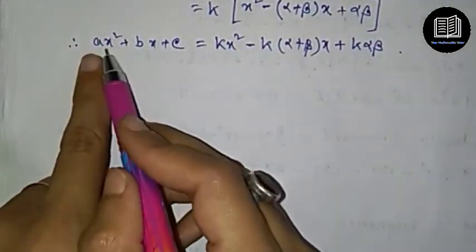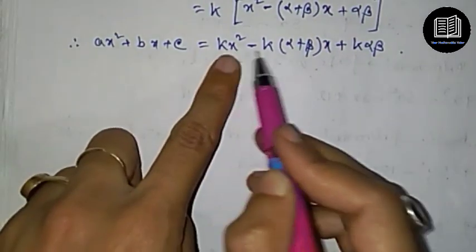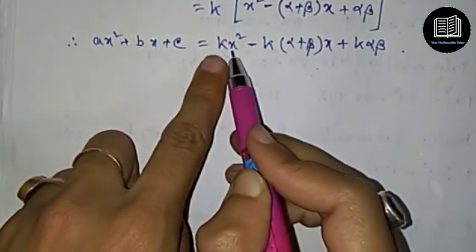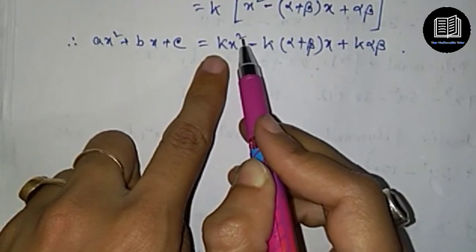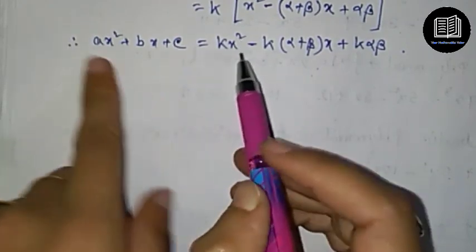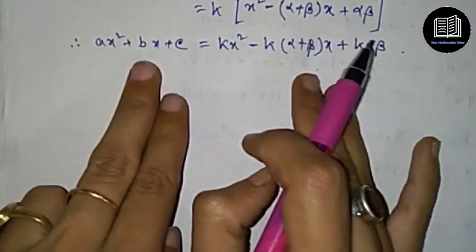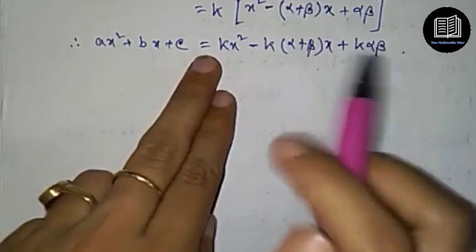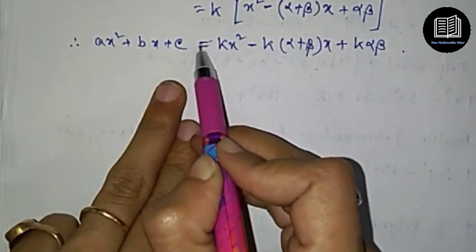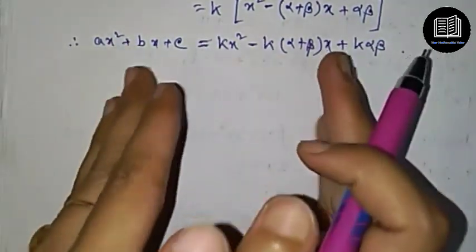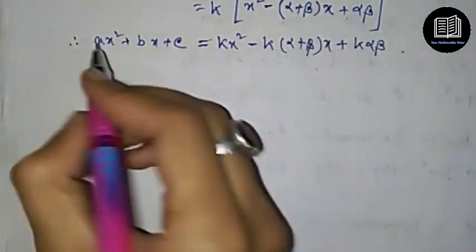Now see, it is a quadratic polynomial, and this is also a quadratic polynomial, right? Because the highest power of x is 2. So if both sides are quadratic polynomials and there is an equal sign between them, we can compare both sides.